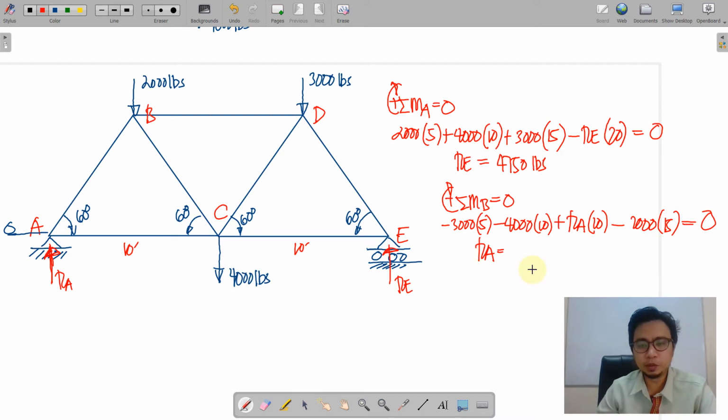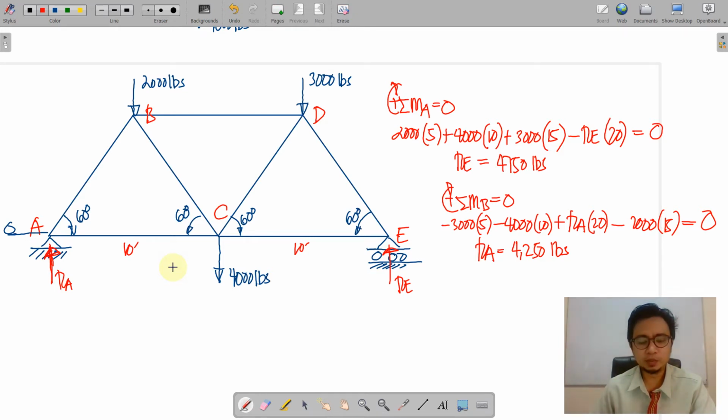So I think we should have a distance for RA equivalent to 20, so that RA would be equal to 4,250 pounds. So with this, we are going to check our reaction before proceeding to the analysis proper.